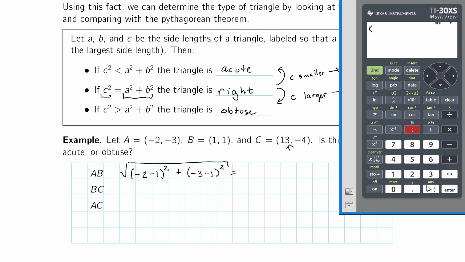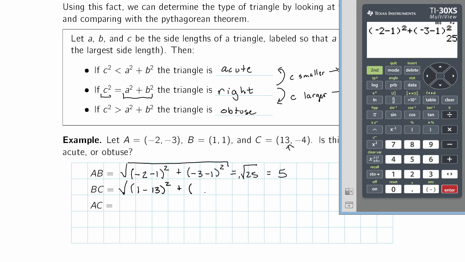Grabbing our calculator, we have -2 minus 1 squared plus -3 minus 1 squared is 25. So we'll have root 25. The distance from A to B is 5. BC will do the same thing. The difference in the x's, so 1 minus 13 squared plus the difference in the y's, 1 minus -4 squared, and then we take the square root.